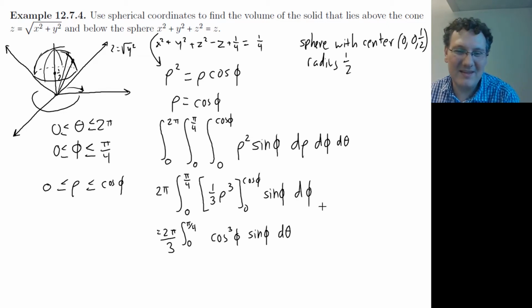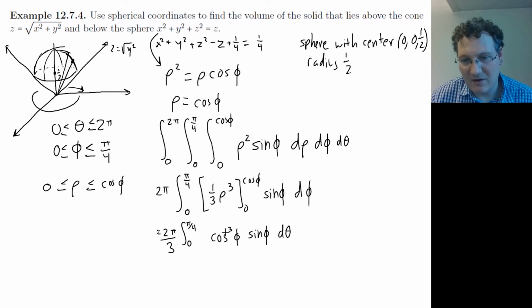And the nice thing about this is, of course, that the derivative of the cosine is negative sine. We have a sine there, so if we did some sort of substitution, let's just do it because it'll keep things cleaner.